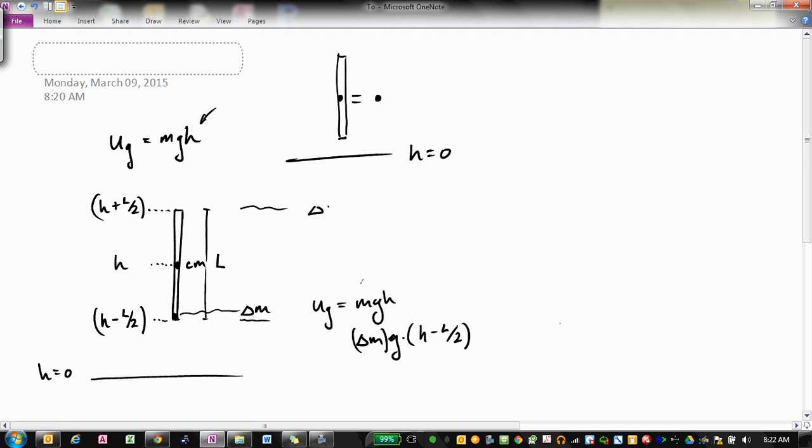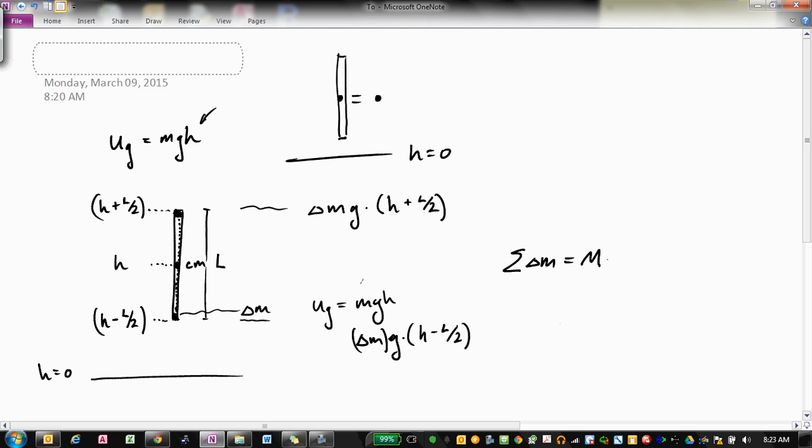It would be delta m g times h plus L over 2. Okay, and then if we're thinking about the whole bar, we're just going to make a whole series of these little chunks and add them all up. And the sum of all the delta m's will give us the mass of the whole bar.